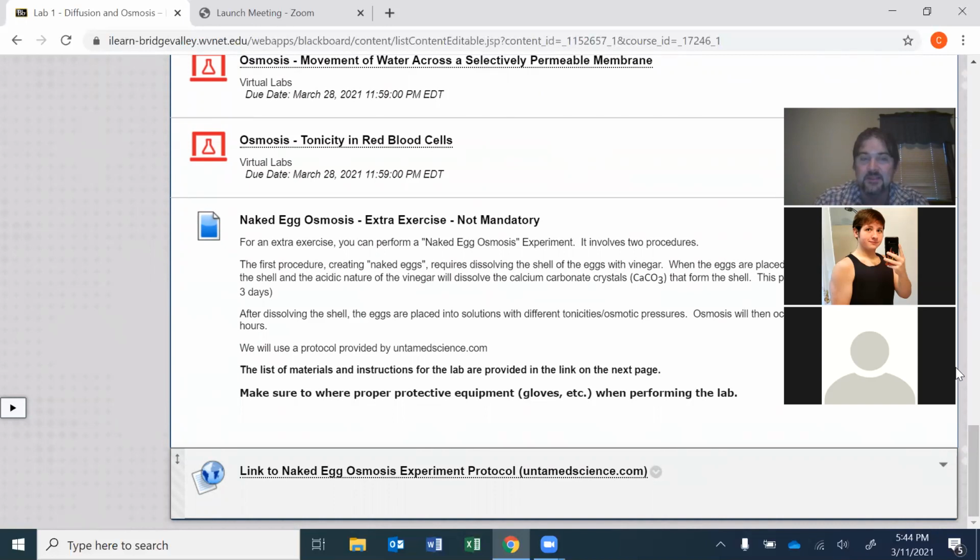So it kind of mimics what happens to cells when cells are either in an isotonic environment or a hypertonic environment or a hypotonic one. So that's just extra stuff.